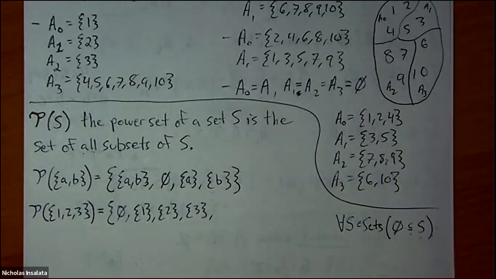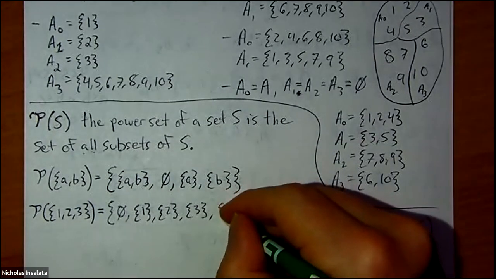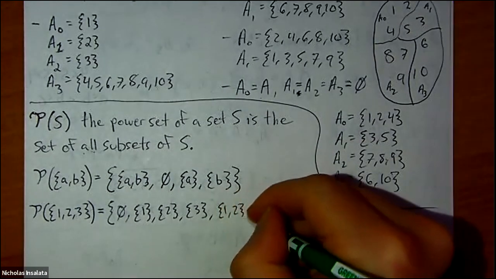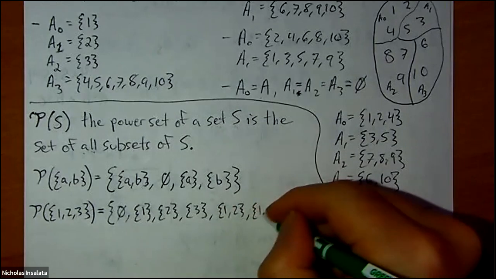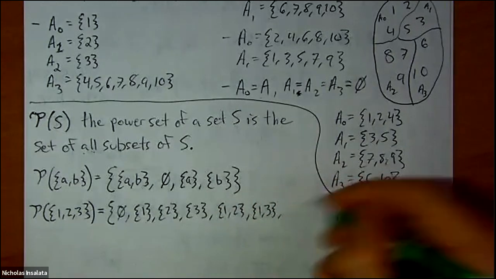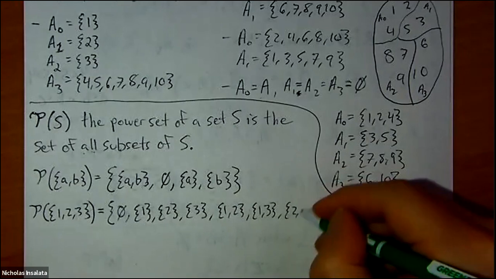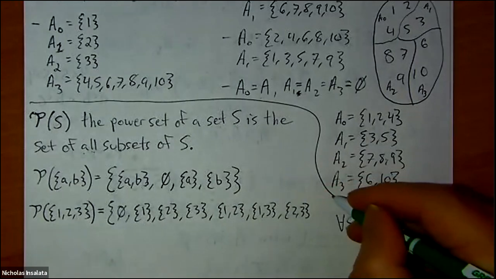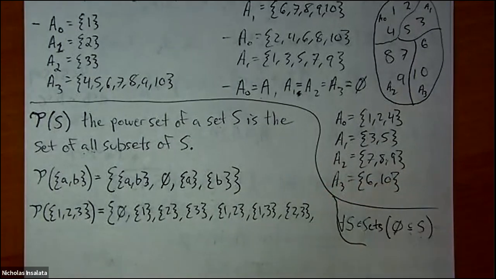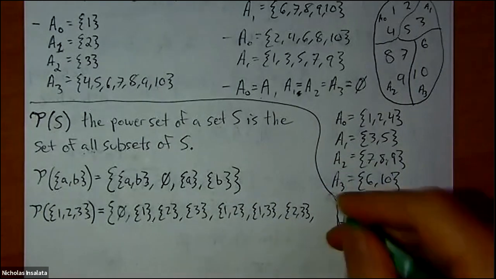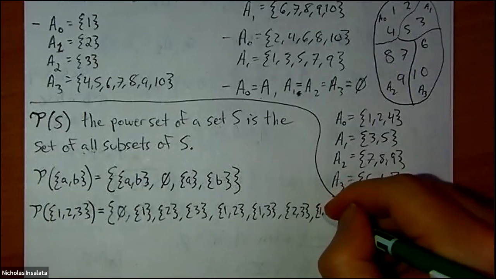So what are those going to be? 1, 2, 1, 3, and 2, 3. Very good. And there's one more. The 3-element subset. 1, 2, 3. I'm running out of room here. Sorry about that.